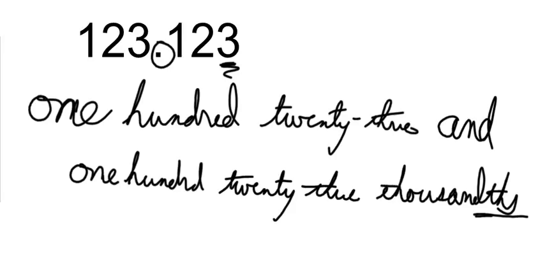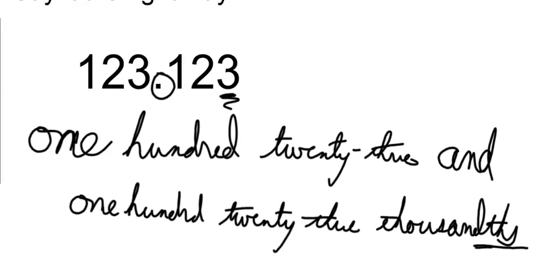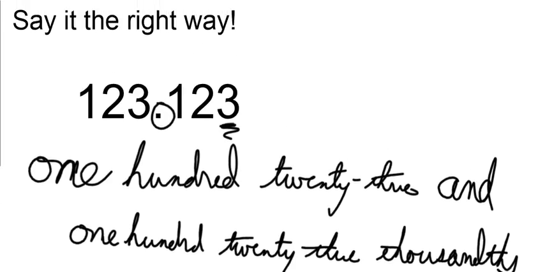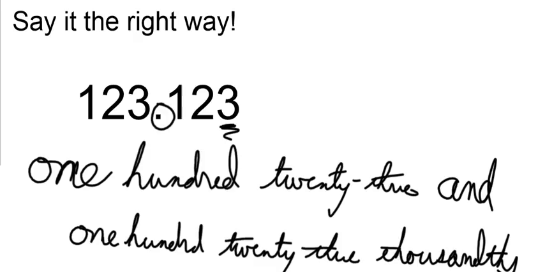That's my T. And so we have that idea that as we're working with numbers, if we speak them in the right way, it really helps us understand them better. Right? So it should be 123 and 123 thousandths. This relationship is important and helps us understand these ideas better.